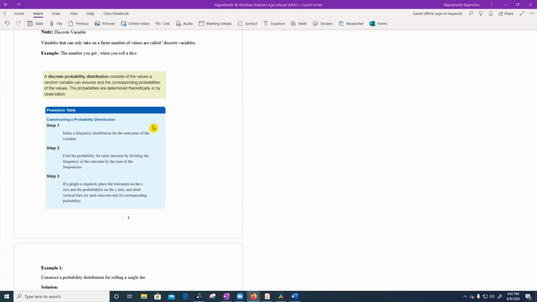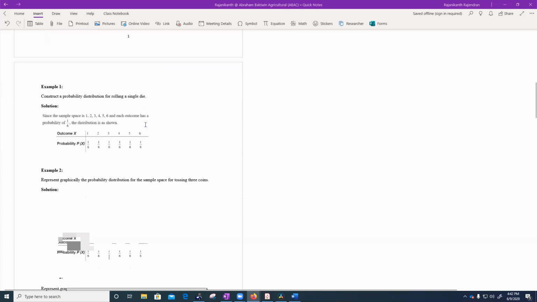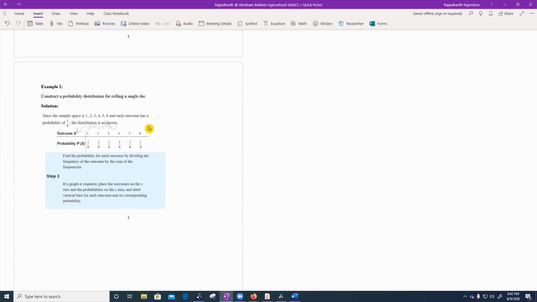Okay. So now let's look at this example. Construct a probability distribution for rolling a single die. Remember, my outcome here, x, you could think of as your data value. In this case, this is our variable. Okay, what is my variable? My variable is nothing but the number I get, right?